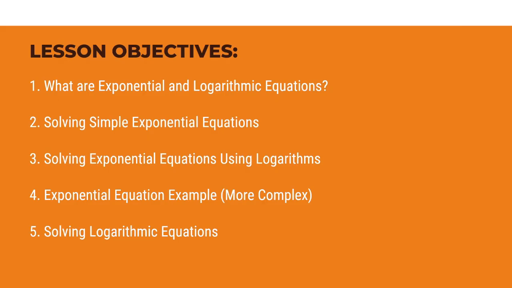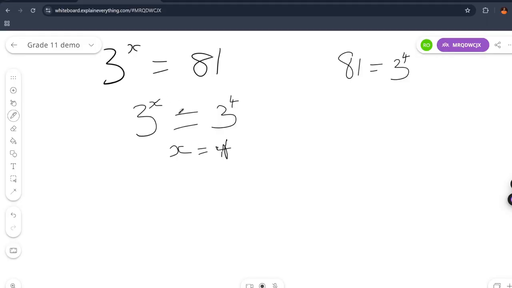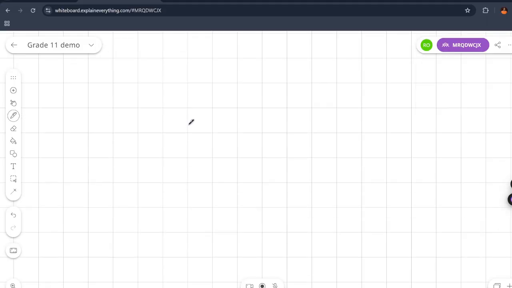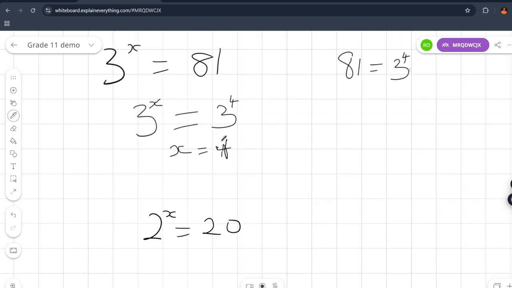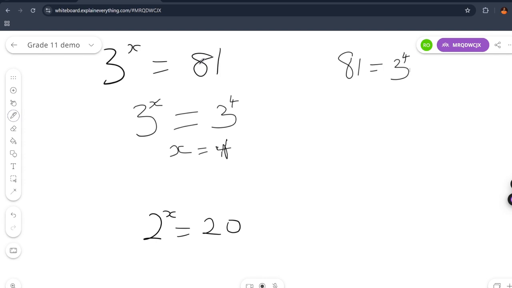Now the next thing is solving exponential equations using logarithm. Let's use this example: 2 raised to the power x equals 20. The first method we did can be used only when this whole number can be expressed as a power of the base on the other side.